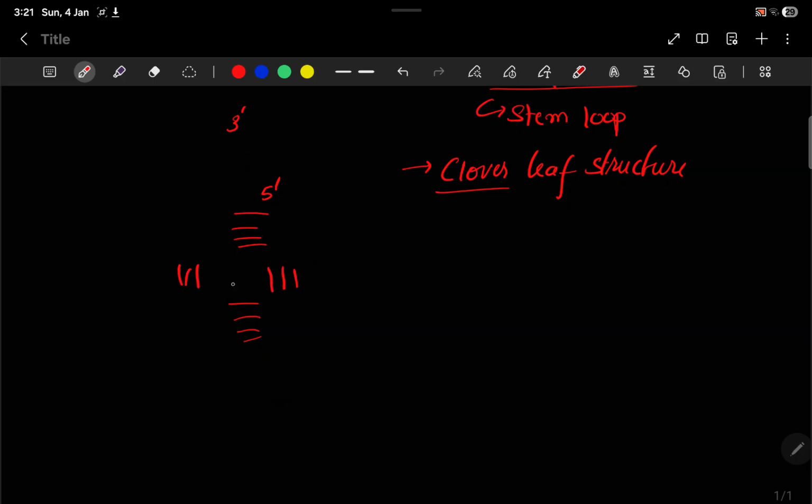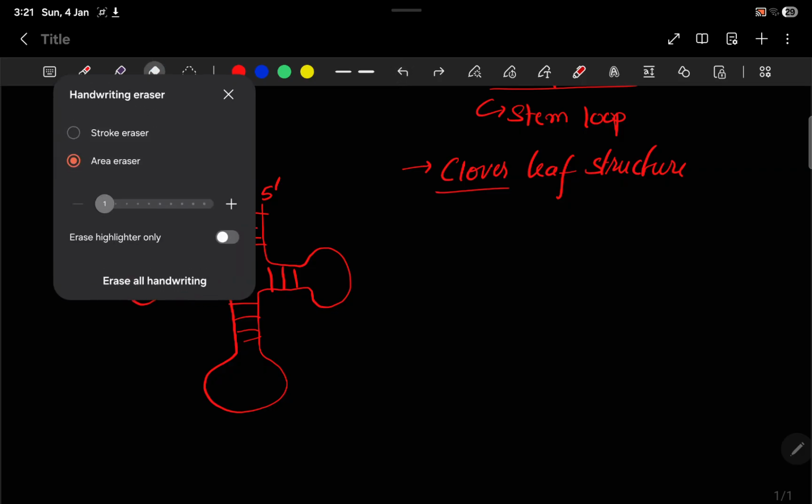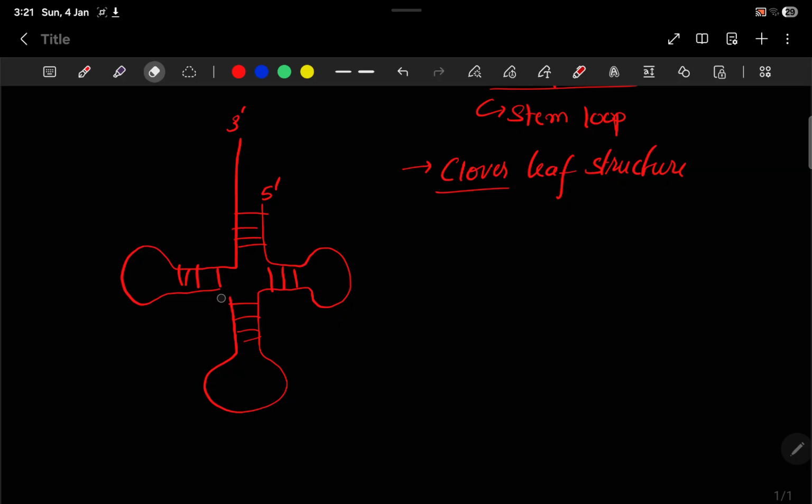There is also another structure we will see, which is somewhat like this. Now let's talk about it. What is this structure? As I already mentioned, this is a helix, while this is a loop.